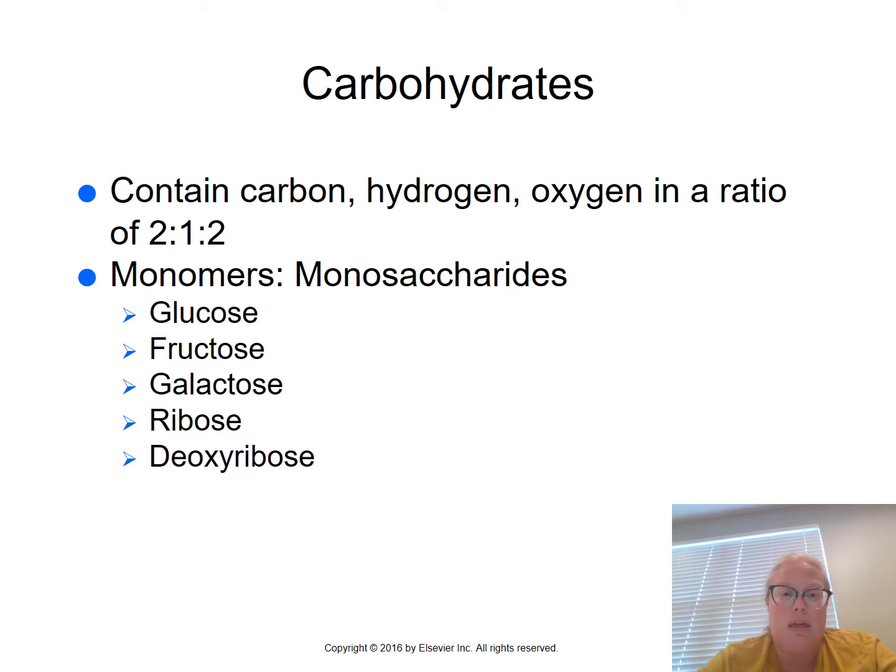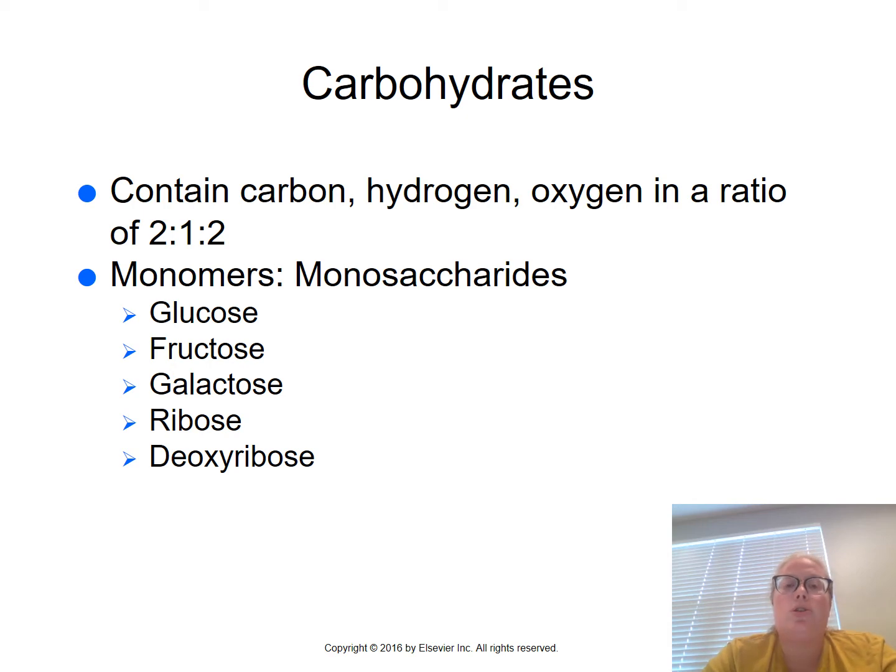Okay, so now I'm sure that this is not new terminology for you, just like probably a lot of the concepts in this chapter have not been new. It's simply a review. But when we talk about carbohydrate, carbohydrate means hydrates of carbon. It's derived from a 1:2:1 ratio.